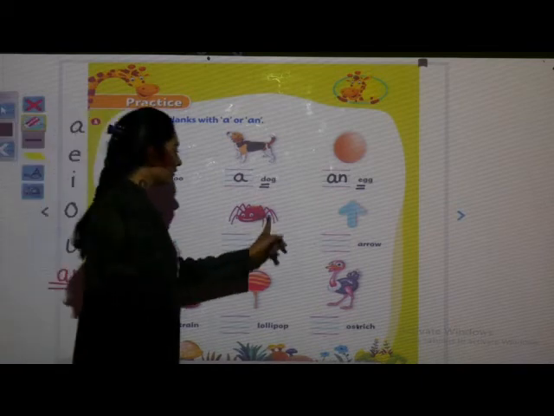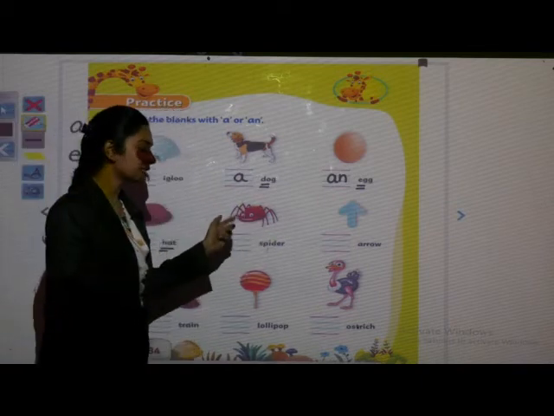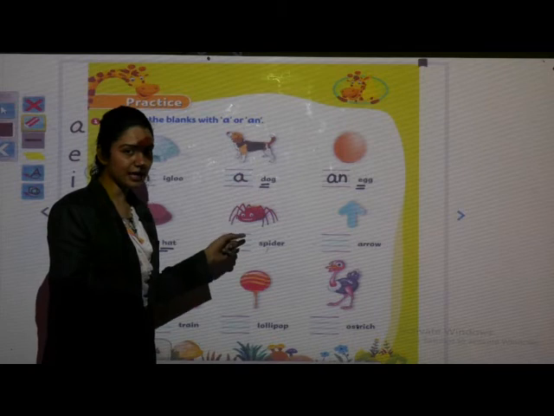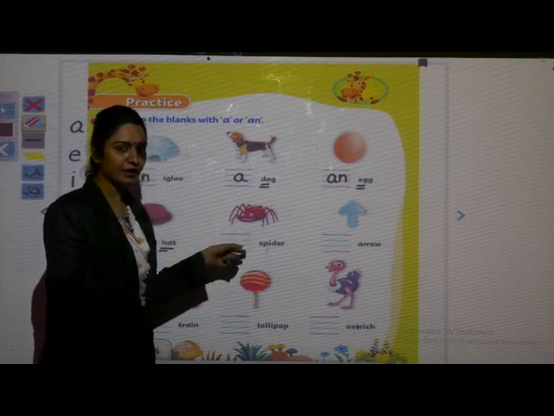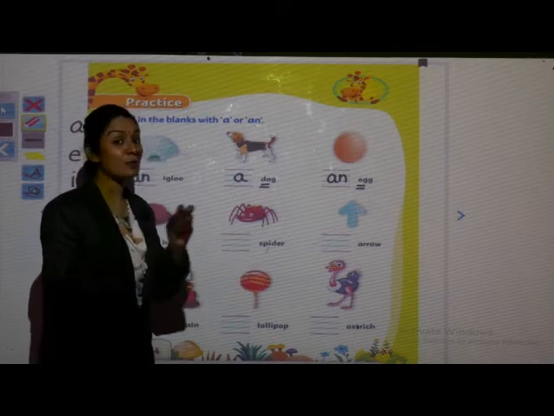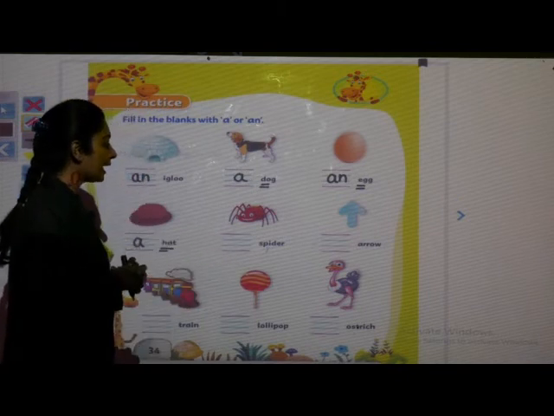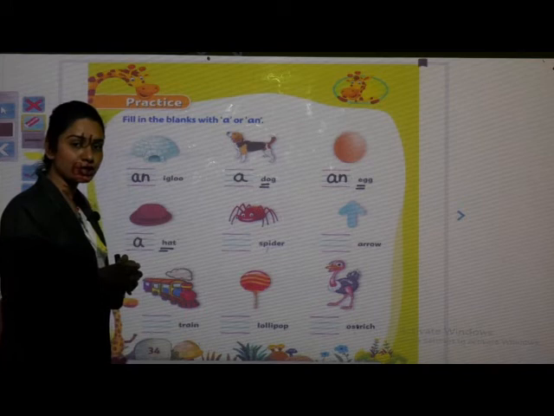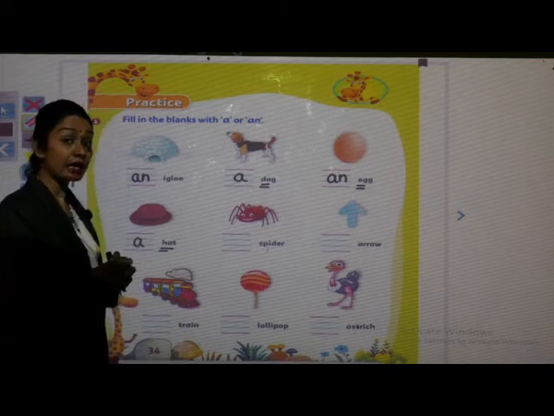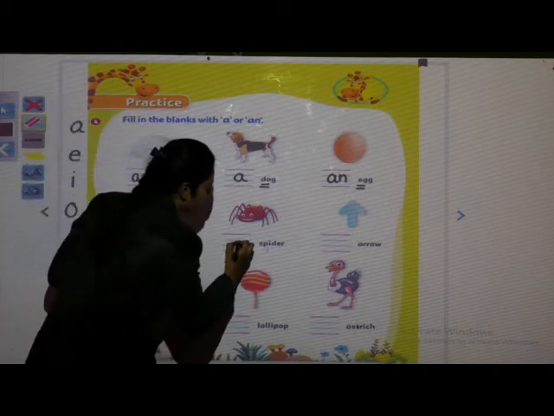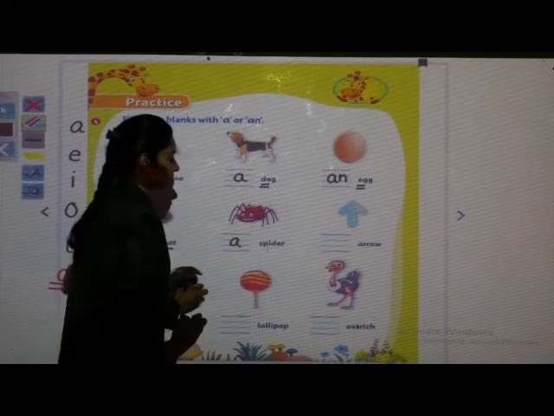Next picture. Which picture is this? Is this a snake? Is this an elephant? Then what is it? Spider. So what should I use here, A or an? Before consonant sound, what should we use? A. Very good.